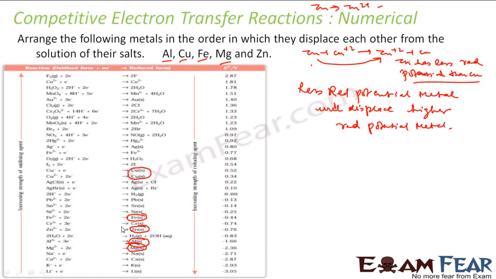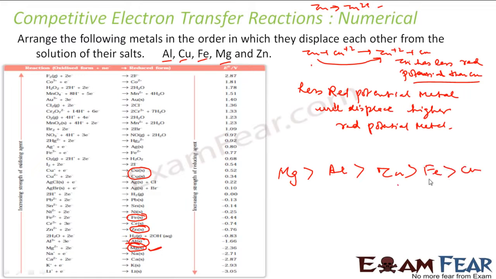Correct? I told you the lower one will displace the higher one. That is, this guy can displace all of these guys, right? So the order will be Mg is the first, then we have aluminium, then we have zinc, and then we have iron, and then we have copper.